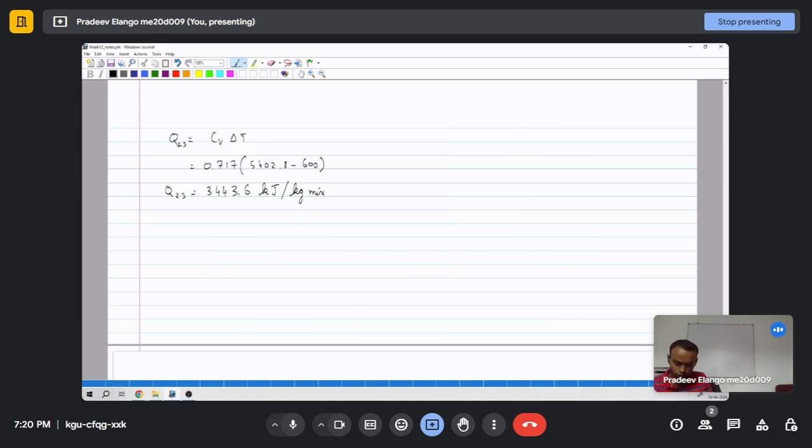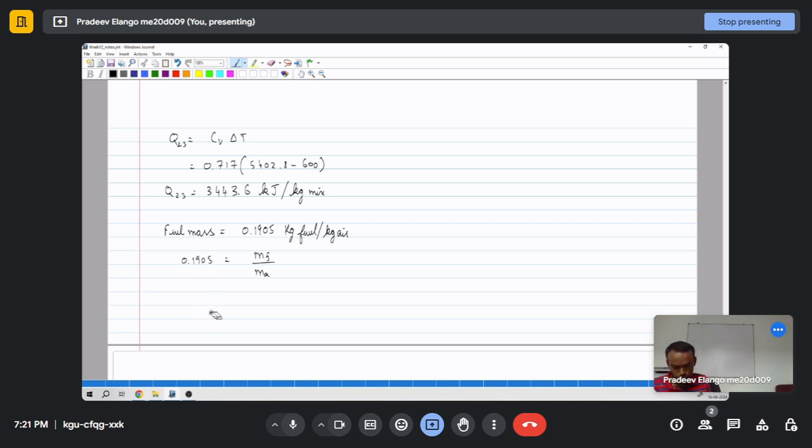So that means fuel mass is 0.1905 kilogram of fuel per kilogram of air. But what we want is mf by (ma plus mf).